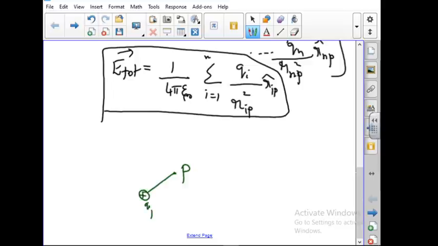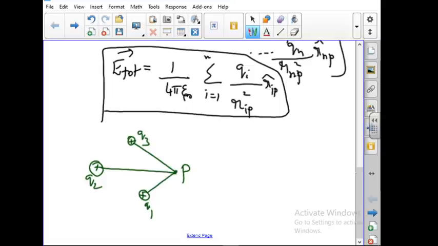Q1, Q2 and Q3. They are at different distances from the point P, and we are going to calculate what is the total electric field at the point P due to these 3 charges. Okay, we will find that.